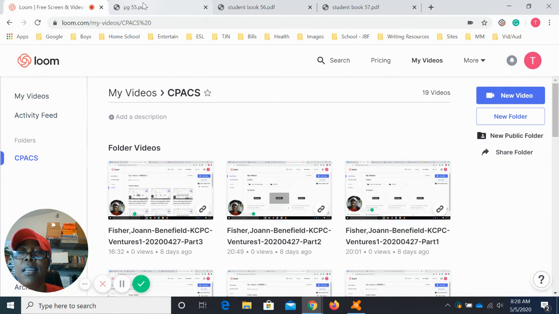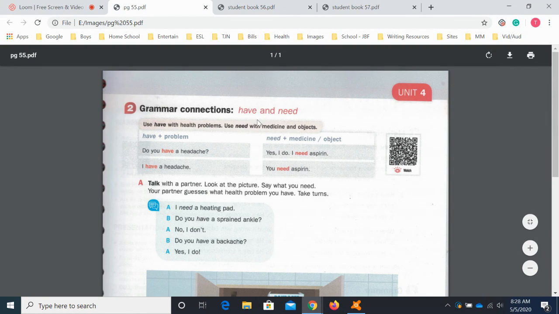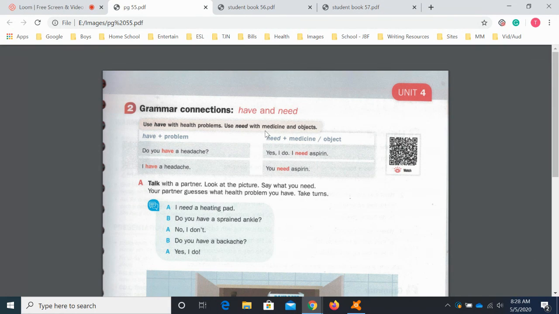This lesson, we're talking about have and need. You can see here we use have with health problems. We use need with medicine and objects.